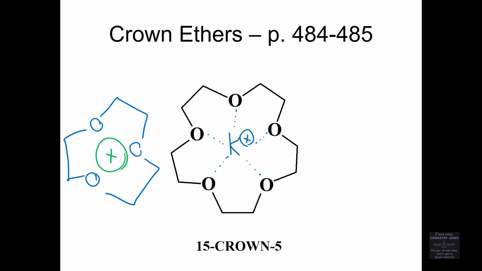So this black one is a 15 crown 5. That's telling you it's a 15-membered ring overall. It's a crown ether, and there are 5 oxygens in that crown ether. The blue one over here would be a 1, 2, 3, 4, 5, 6, 7, 8, 9, a 9 crown 3. 9 crown 3 is going to be a smaller cavity in the middle, fits a smaller cation in there, and helps facilitate other reactions based on that.